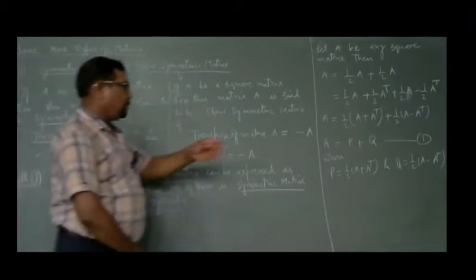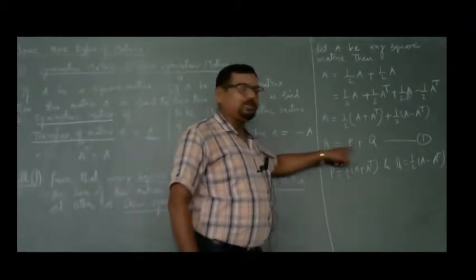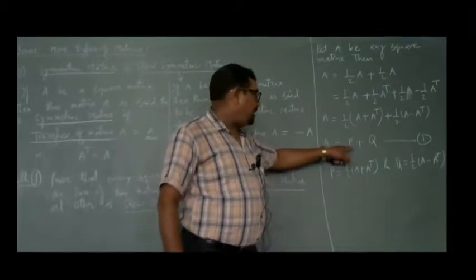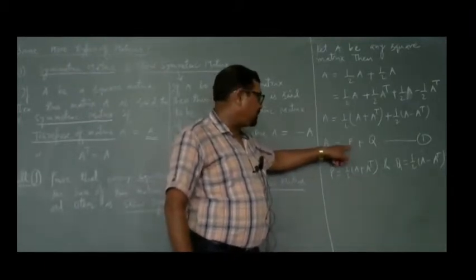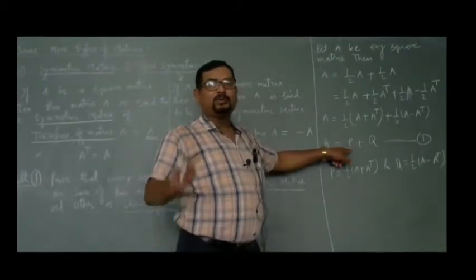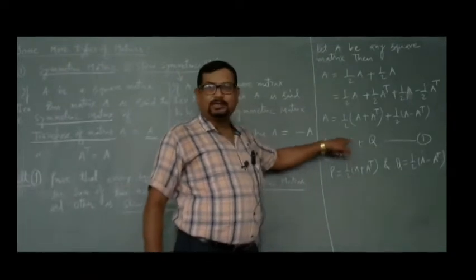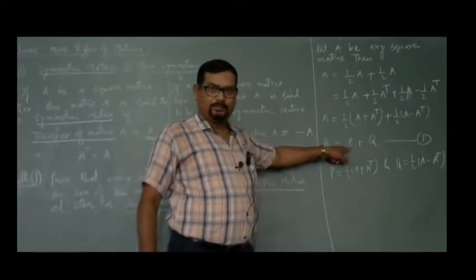Meaning, if you want to show P is symmetric, you have to take the transpose of matrix P, and if the transpose of P equals P, then P is said to be symmetric.